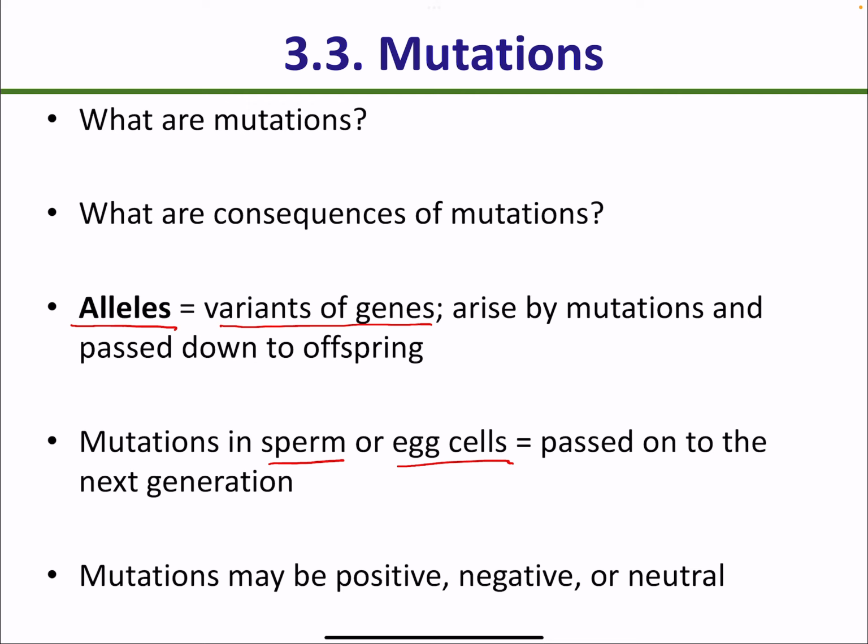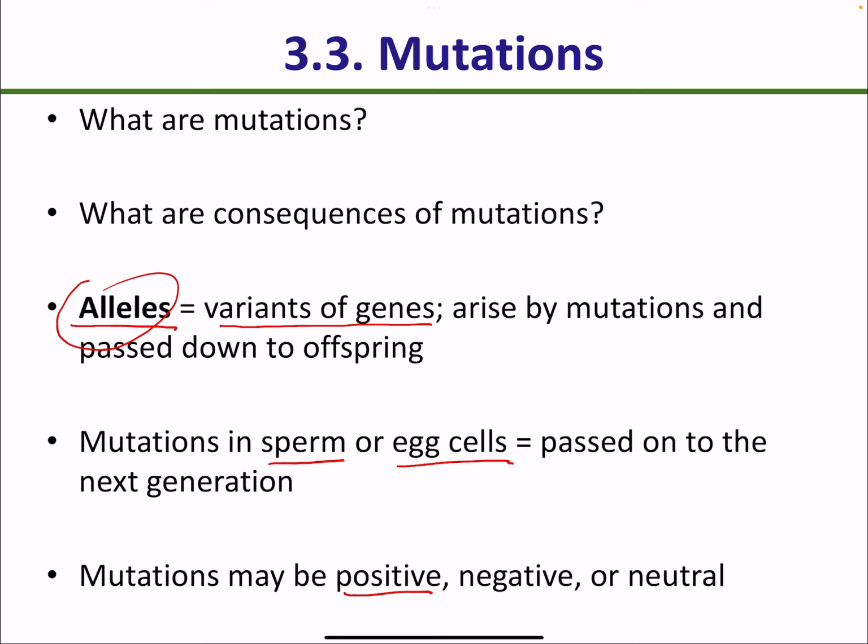Okay. Another dimension that is very important to remember is that this mutation that occurs, the different alleles, right? This mutation can be positive. Whenever we consider a mutation to be positive, we say that there is a gain of function.